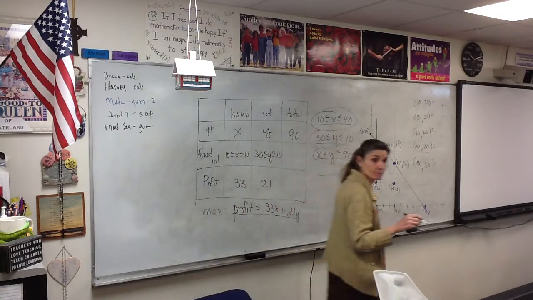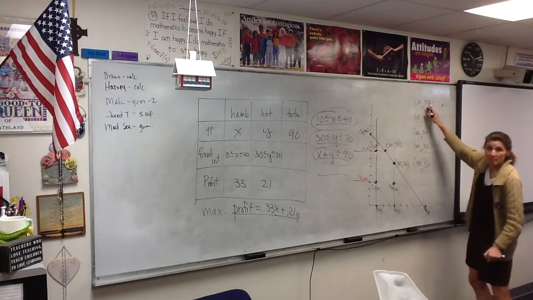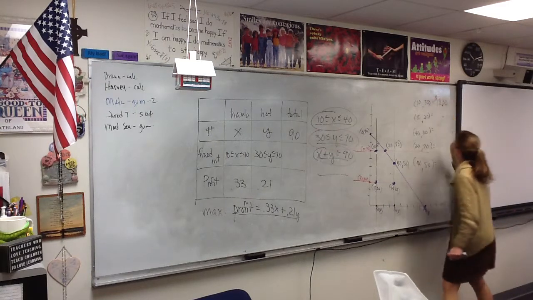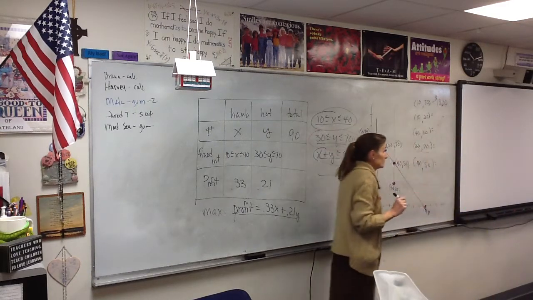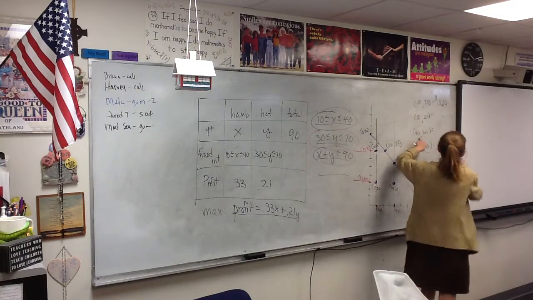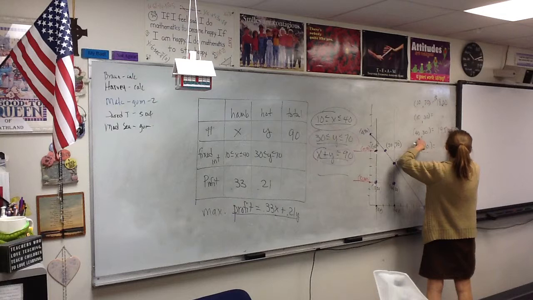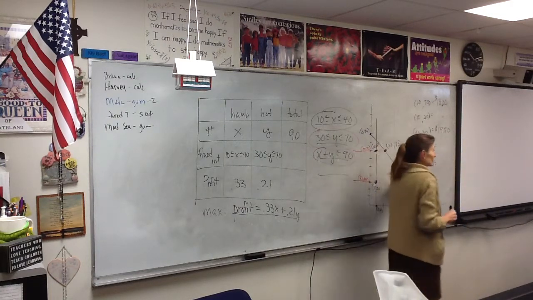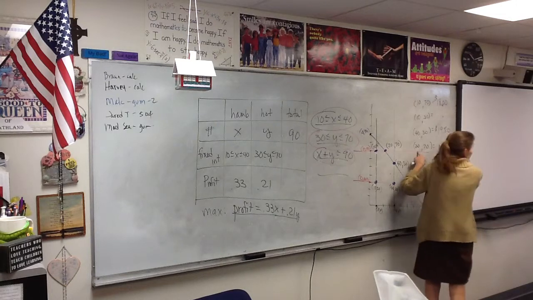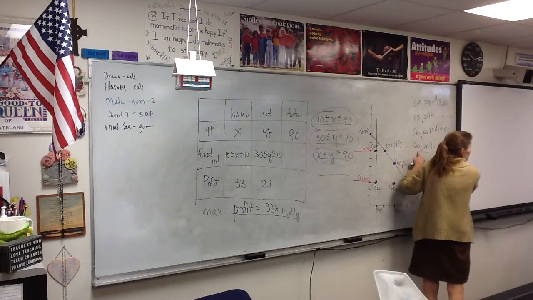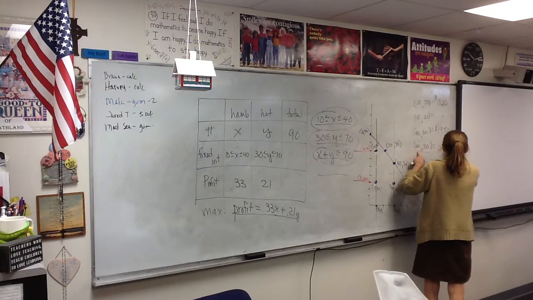What did you get? 18, even 18. For this one? Yes. 18. For this one? 27. This one you got 1950? 41? 21? 10.33.